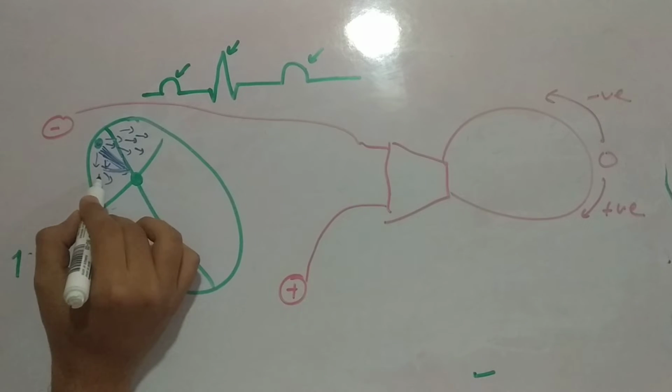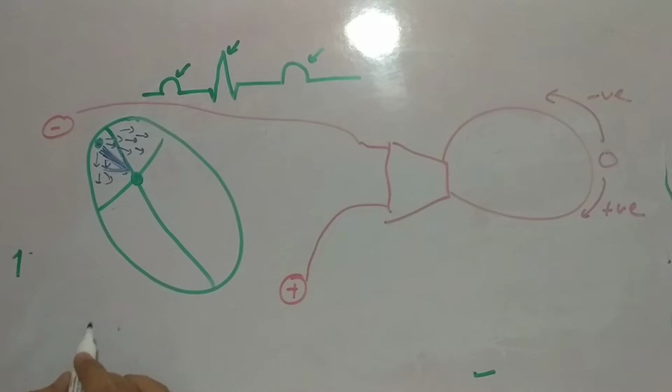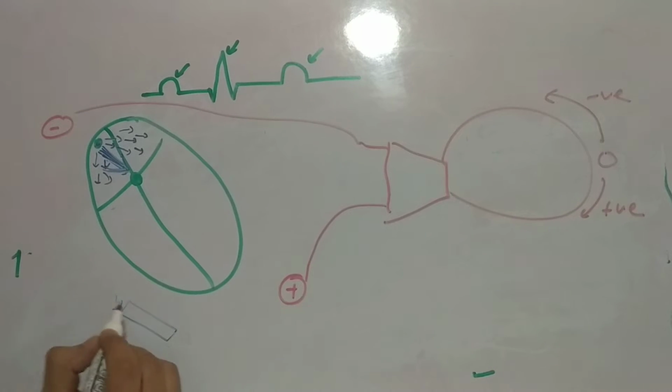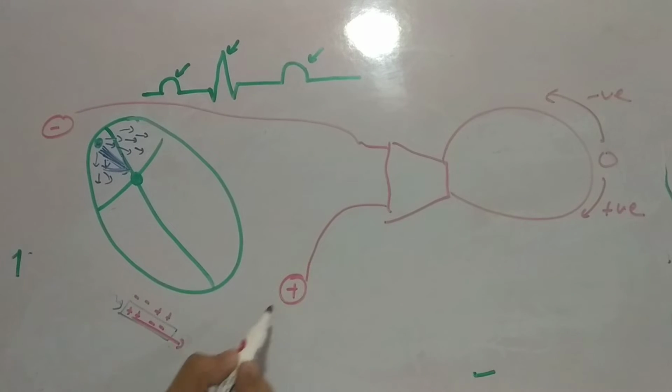Suppose I take one piece of atrium, suppose this is one piece of atrium, or for more understanding, let's make it slant, isn't it? So what will happen is that when there is a stimulus, gradually inside it will be positive. So the positive vector is moving towards the positive electrode, isn't it?